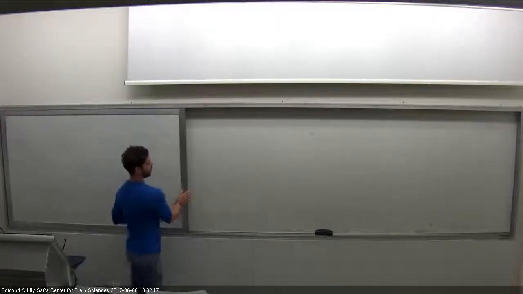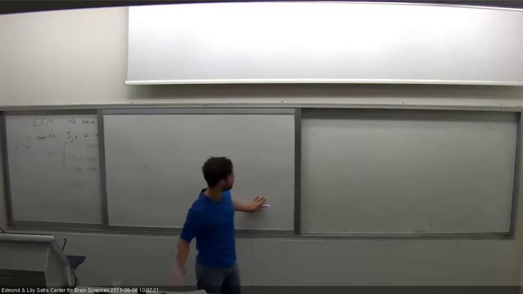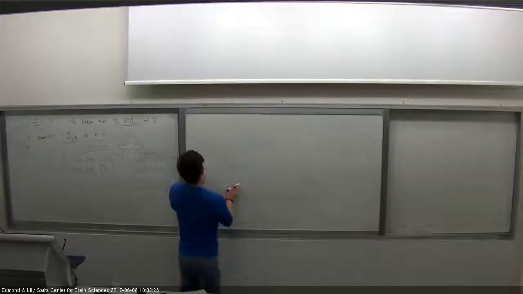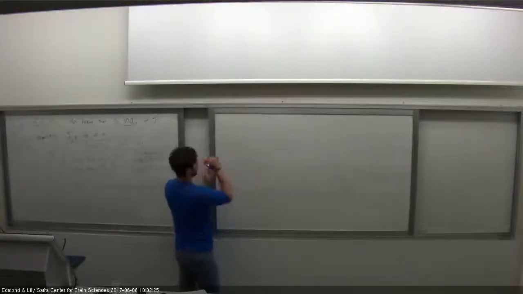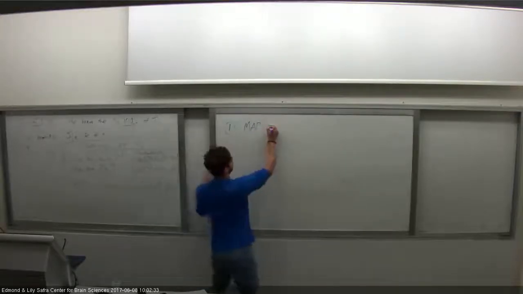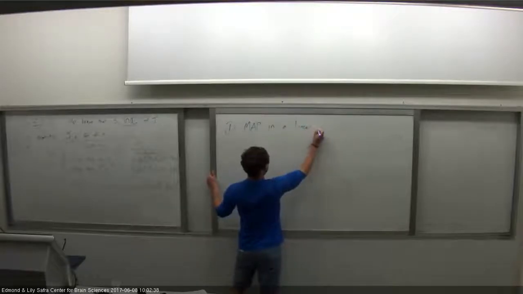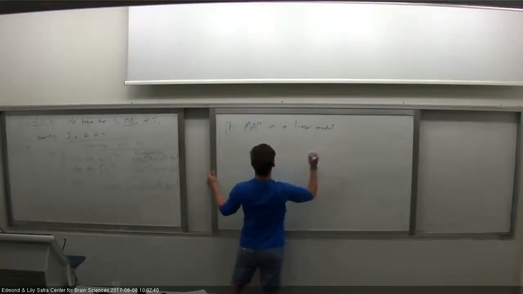The outline of my talk is going to cover 5 simple points. The first one is the problem that we're going to try to address, and that's doing maximum a posteriori inference in a really simple linear model, basically as simple as you can get.